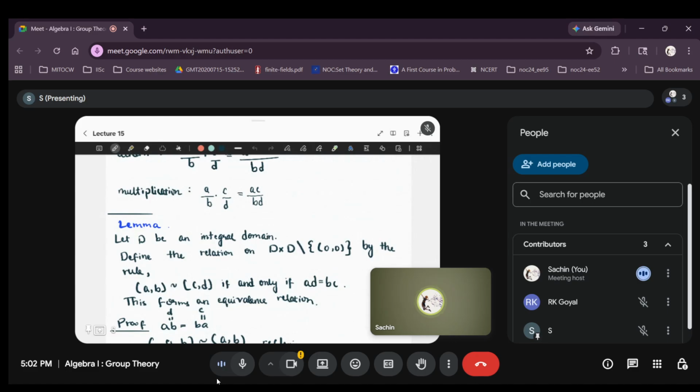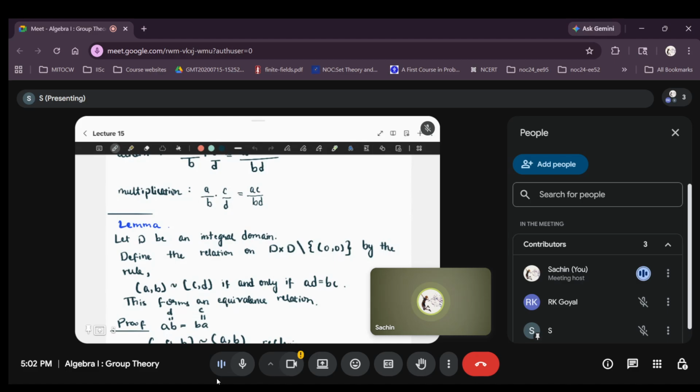Then we define the relation: an ordered pair (a, b) is related to an ordered pair (c, d) if and only if the product a into d is equal to the product b into c. Such a product is defined because D is a ring, so there is a multiplication operation.